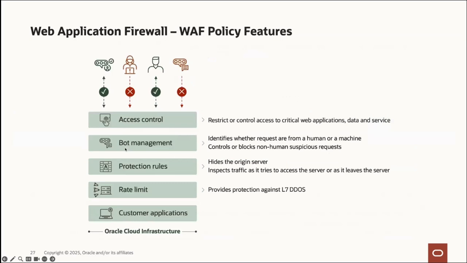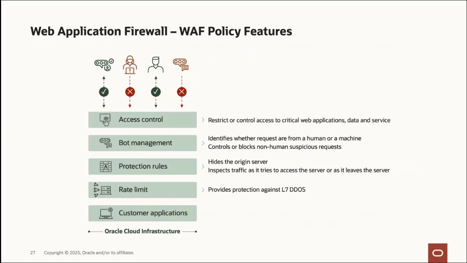So some more of the features, right? We have access control. With access control, you can restrict or control access to your web apps. Bot management, you can set up CAPTCHA, you can identify whether requests are coming from humans or machines. You can block any non-human requests. Rate limiting. So that's a big one.